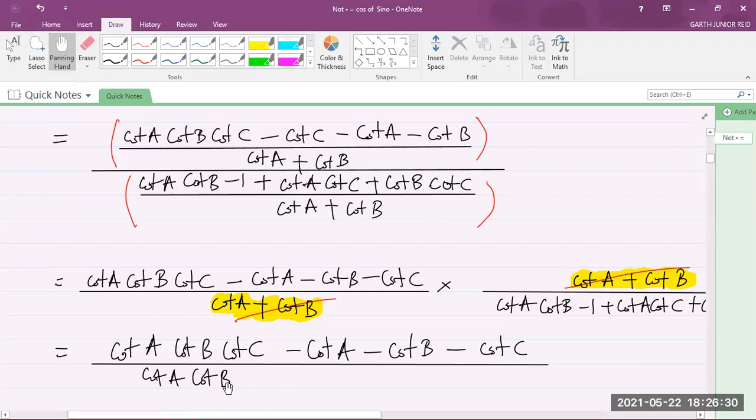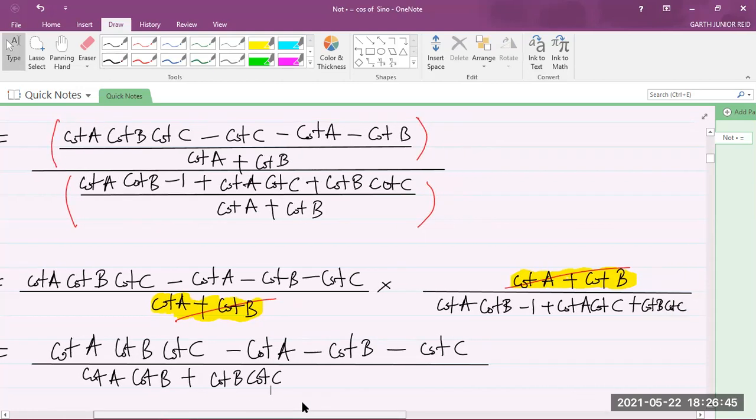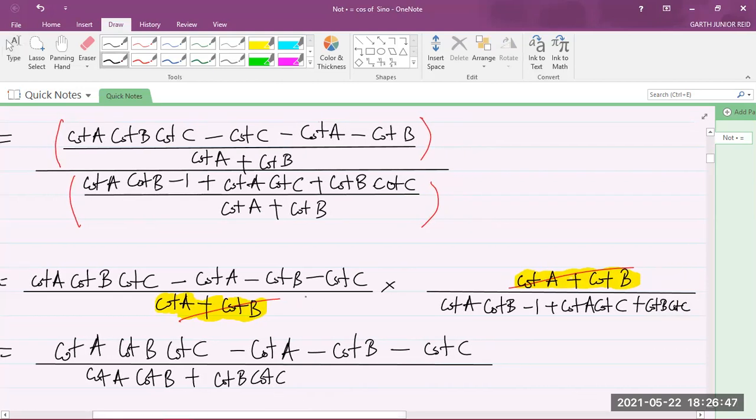So I'm going to have cot A cot B plus cot B cot C, just rearranging the terms here, and then cot A times cot C, and then I'm going to put the minus 1 last.